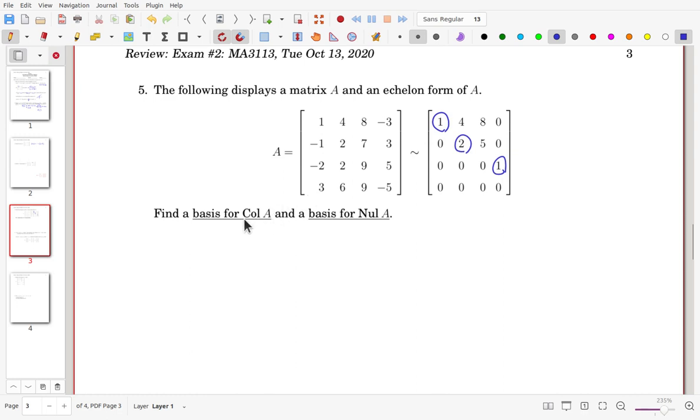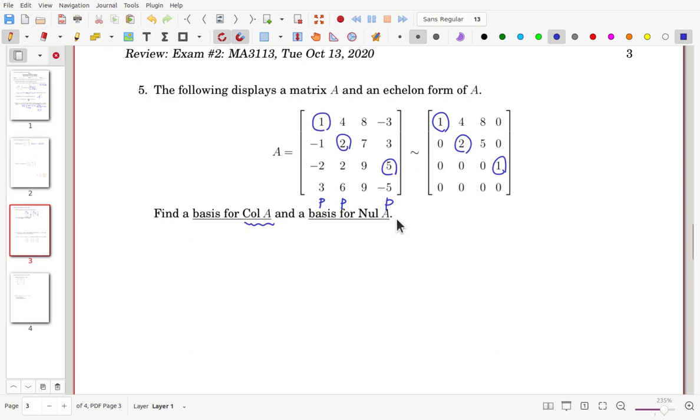The pivot positions are this one, that one, and this one. The corresponding positions in matrix A are the pivot columns. So columns 1, 2, and 4 are a basis for the column space of A.